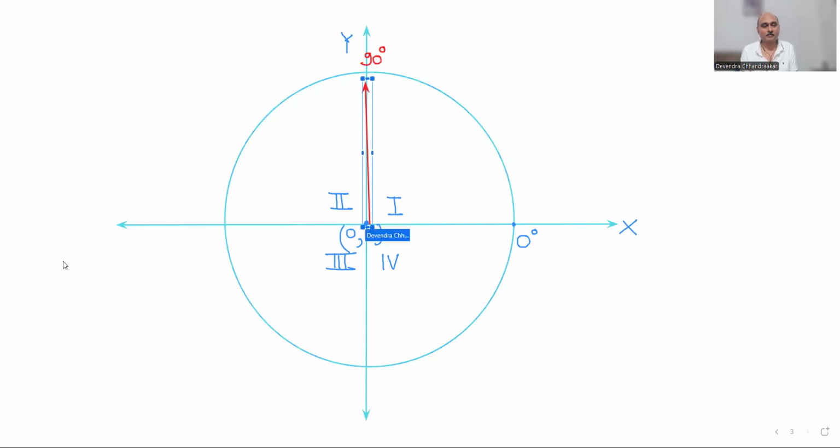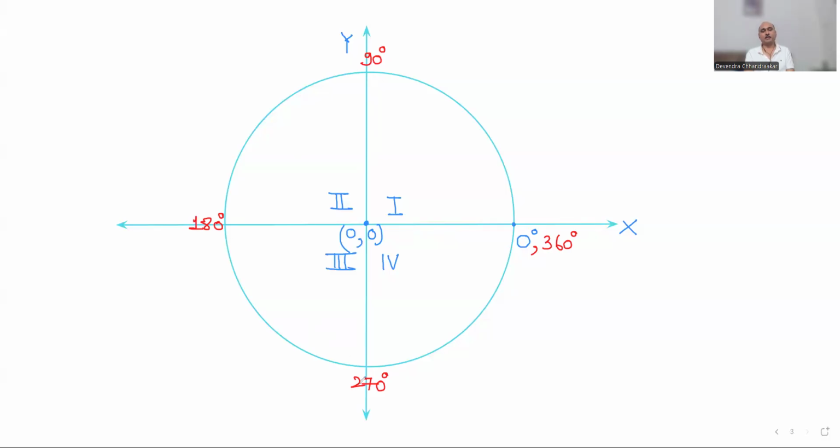The next one is between 90 to 180, which is the second quadrant. Between 180 to 270 is the third quadrant. And between 270 to 360 is the fourth quadrant.